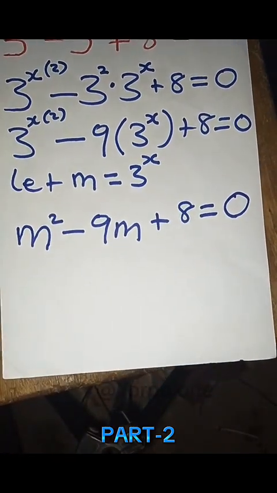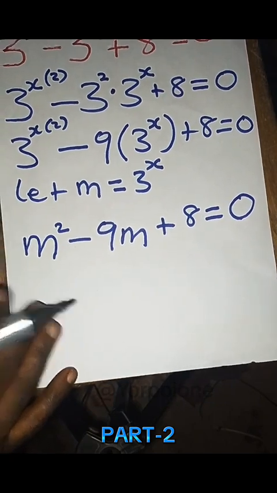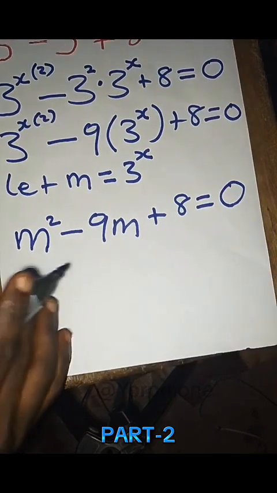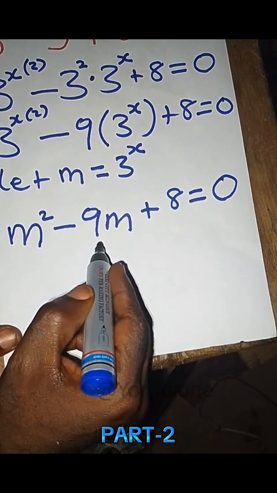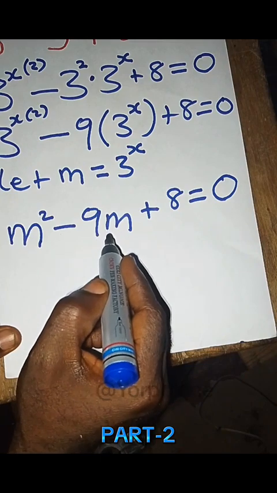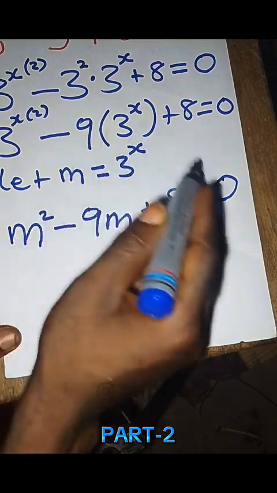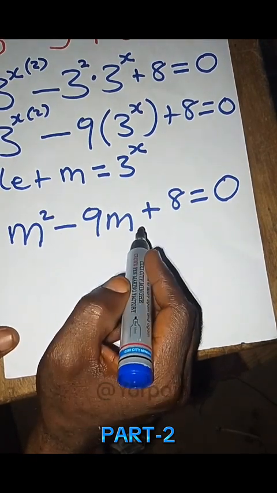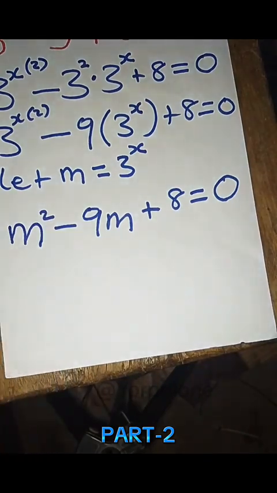So we now remain with a quadratic equation. We want to solve the quadratic equation. If you look at my previous videos, what do we do there? We have to find the factors here. Two factors: if you add, you get minus 9, and if you multiply, you get plus 8.